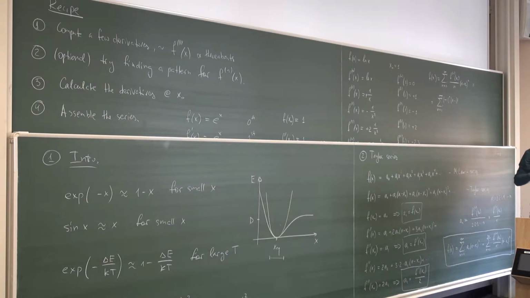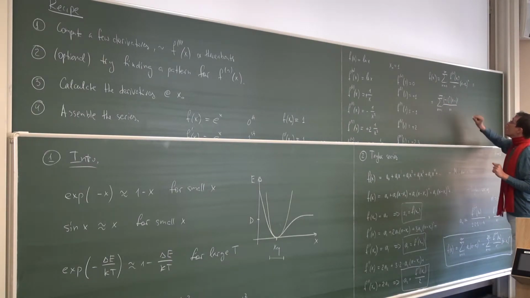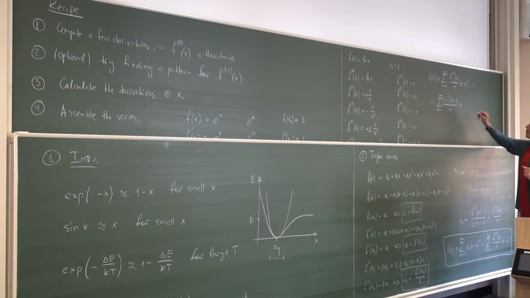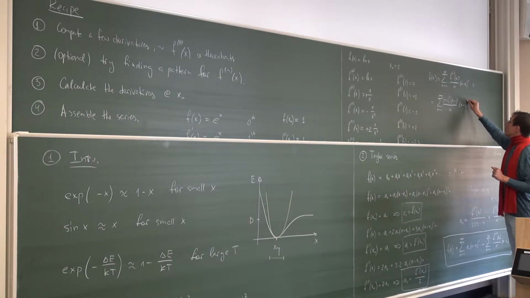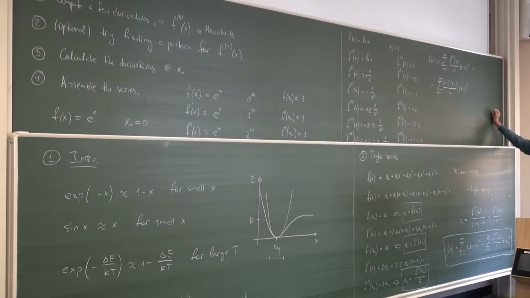N factorial is the denominator, there, and then x minus the reference point, x naught is 1, x minus 1 to the power n. Well, that looks sufficiently horrible, and this would in fact be accepted as the final answer, except there is one further simplification here that we can make.